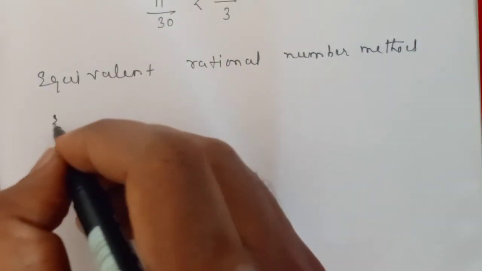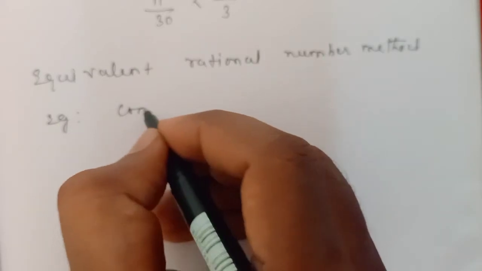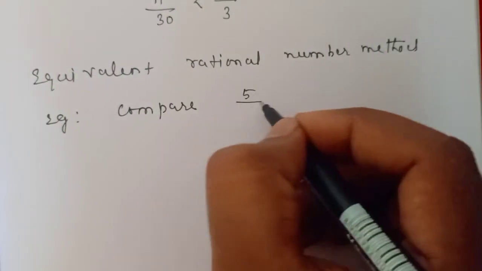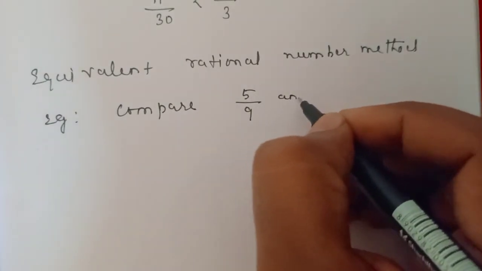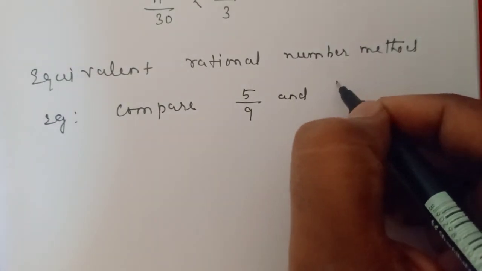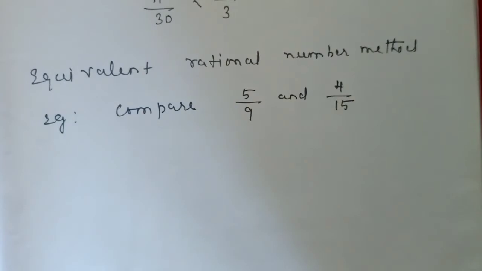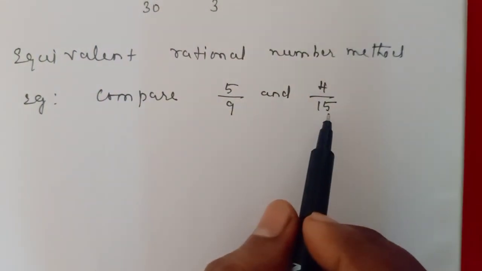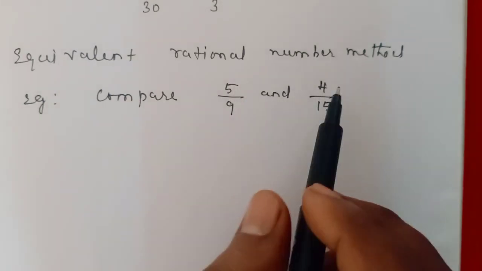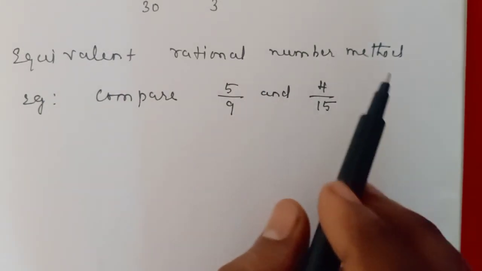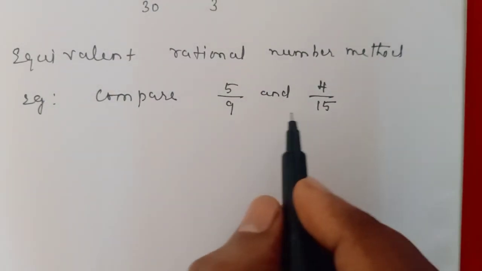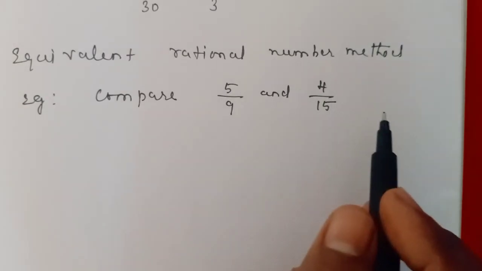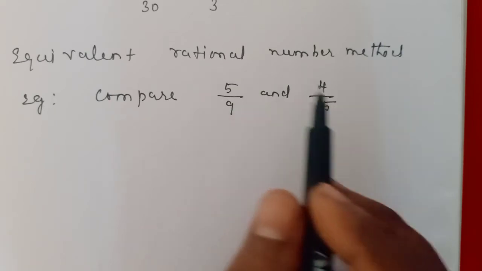For example, compare 5 by 9 and 4 by 15. First make the denominators equal, then compare the numerators. Whichever numerator is greater, that number is greater. How do we make the denominators equal? As per the LCM.